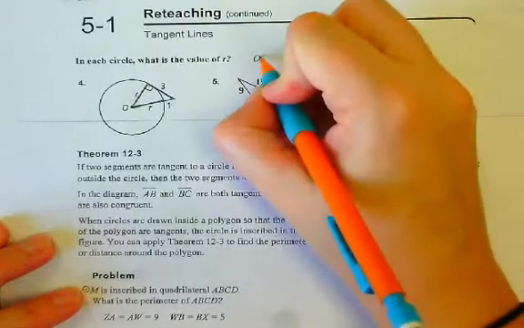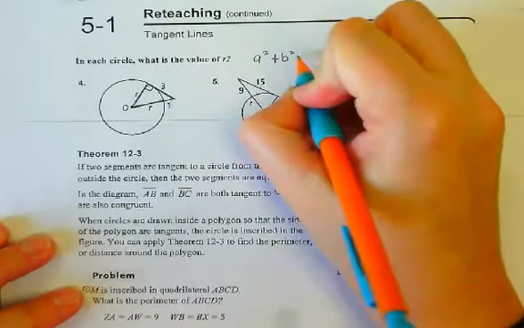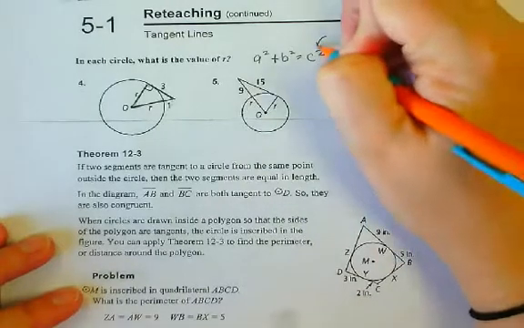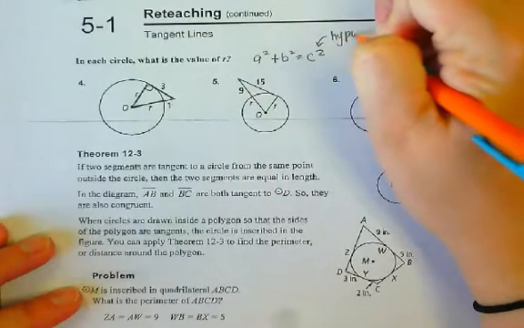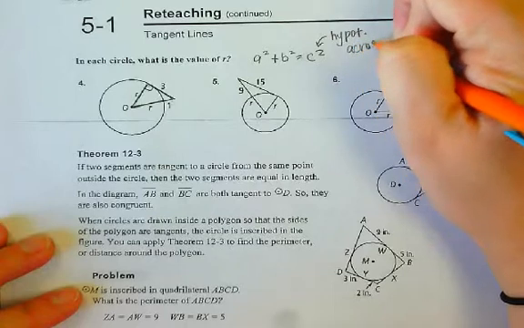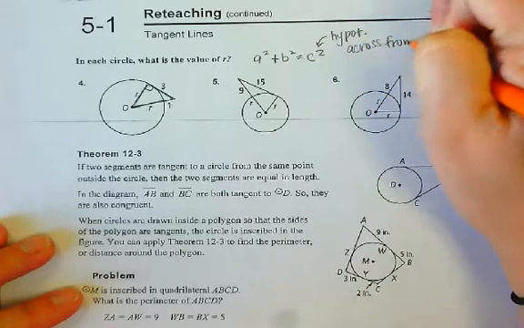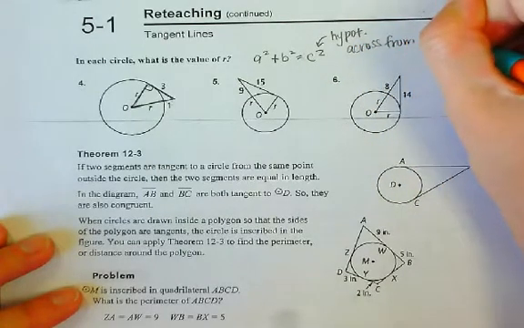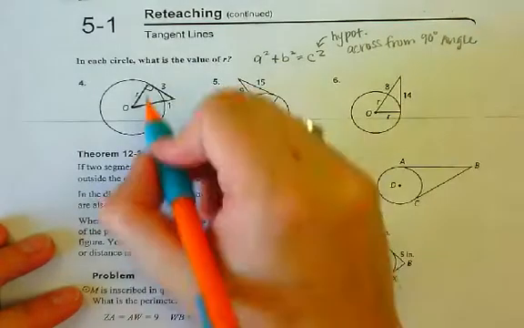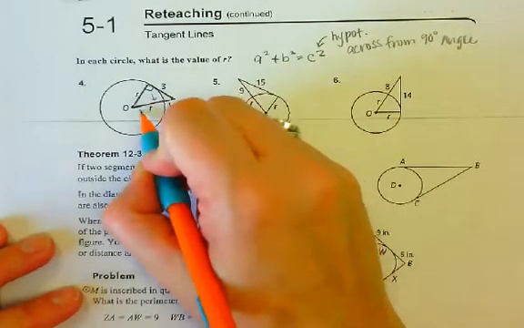My Pythagorean theorem is a squared plus b squared is equal to c squared. And c, remember, is always your hypotenuse. My hypotenuse is always across from the right angle. So here is my right angle.